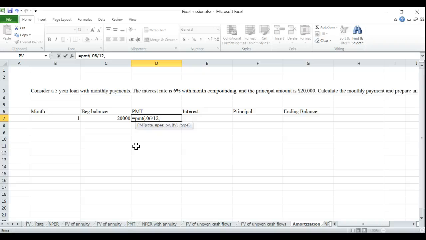The number of periods is 60 because it's a 5-year loan, but there will be monthly payments. So 60 monthly payments. The present value is $20,000 because that's the loan that we have taken, and end the parentheses, and obviously it is going to give me a negative value here.